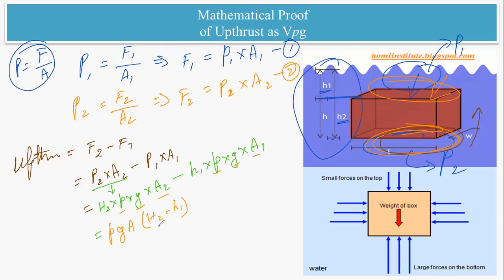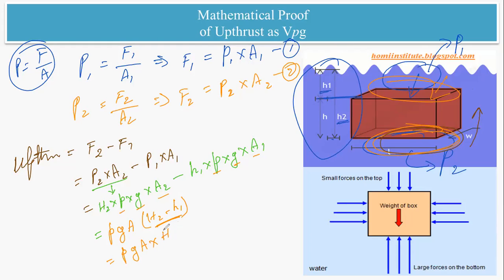So what does this represent? This represents the height of the object. This H2 minus H1 is the height of the object. So I can write it over here, rho g A into H, say capital H I'm writing for the height of the object.